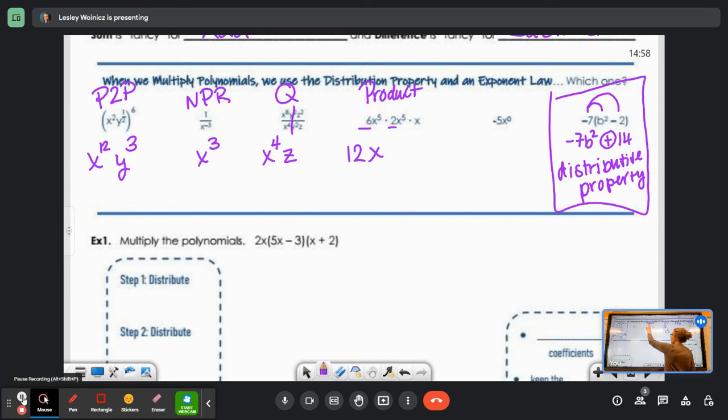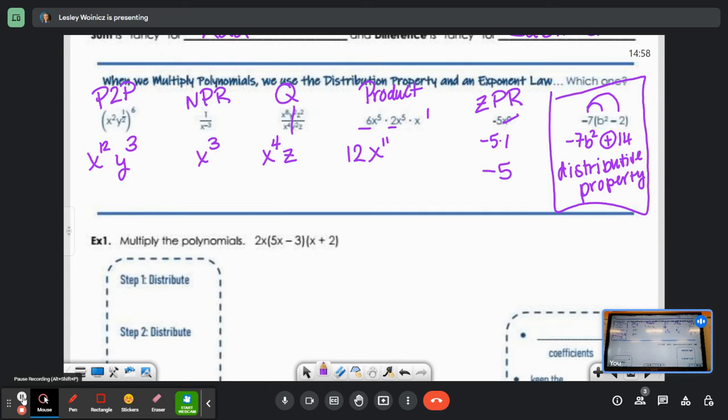So I've got 5 plus 5 plus 1. I'm getting 11. Okay, last but not least, I have a 0 power. What do you want to bet this is the 0 power rule? Okay, so the x to the 0 turns into a 1. Then bring down the -5, multiply them together, and I get -5.